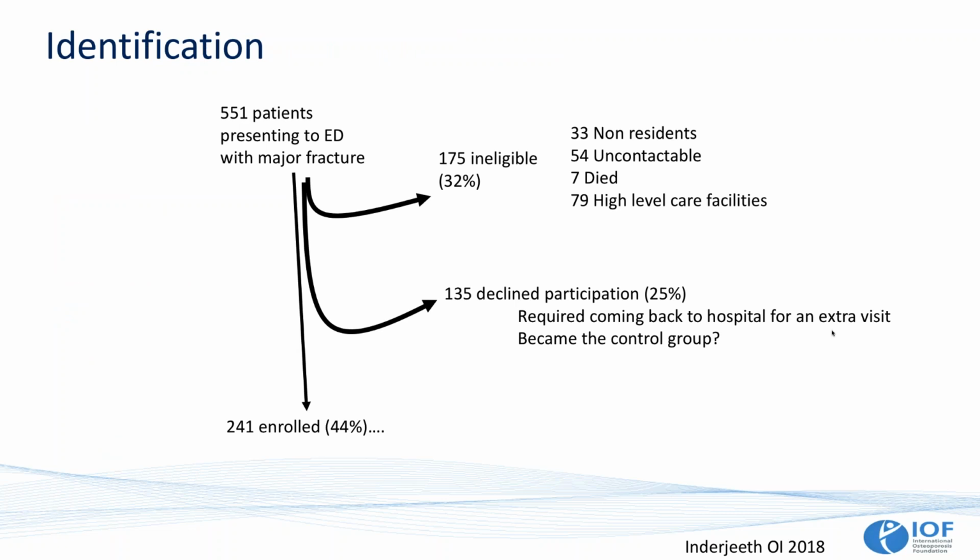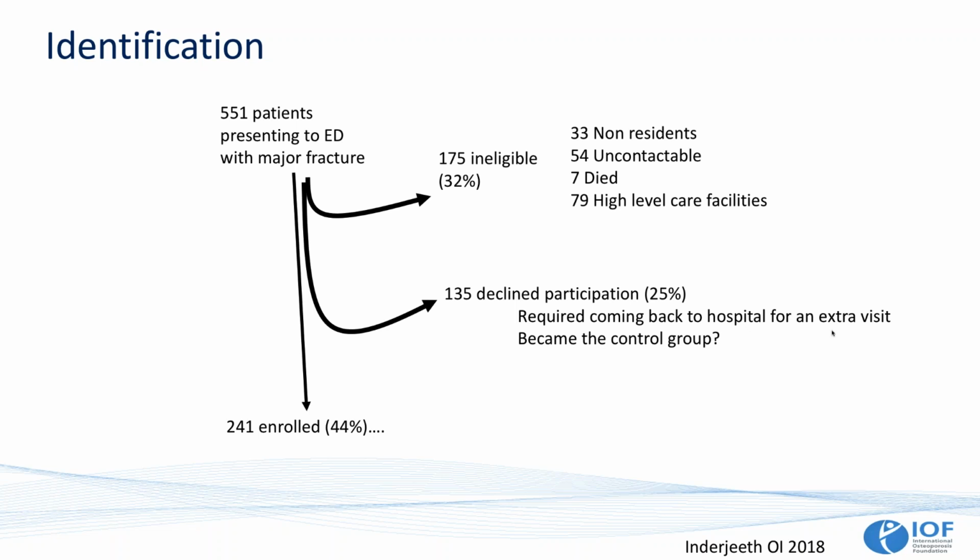This is important. So a really nice paper looking at an FLS study in Australia. They had, just to show you how you have to be very careful about this, set up a very effective FLS program that picks up patients with a major fracture, and already you can see that to get from 551, before you even started to go through the pathway of testing people, getting them to come up for their DEXA scan, started doing more adherence, you've already lost half your population. 32% were deemed ineligible.